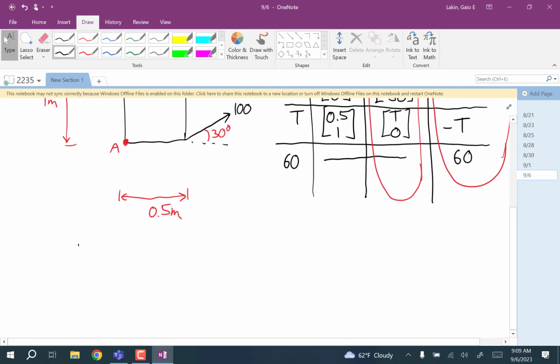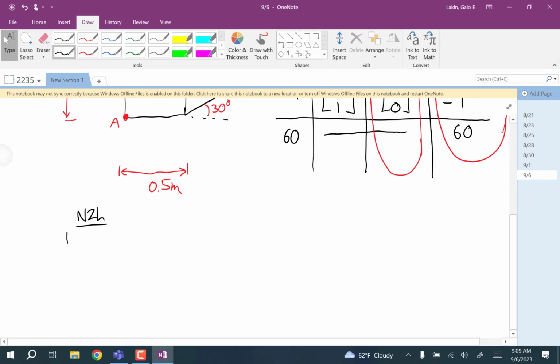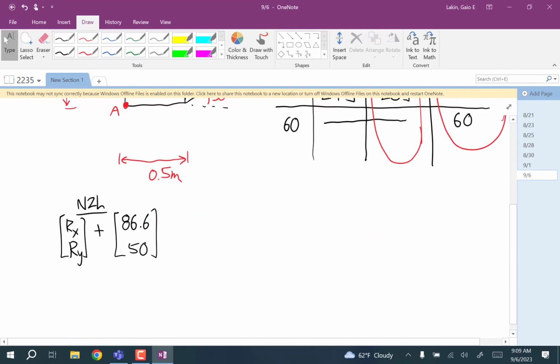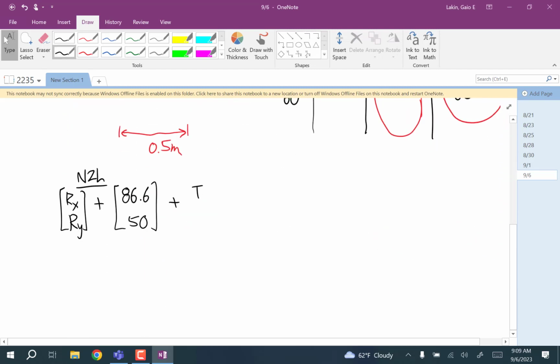So Newton's second law says Rx, Ry plus 86.6, 50 plus T, 0 is equal to zeros.